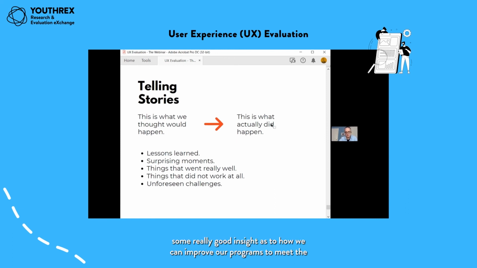These things can give us some really good insight as to how we can improve our programs to meet the needs of those specific individuals, and improve our overall program. And that's kind of what all of this is about.